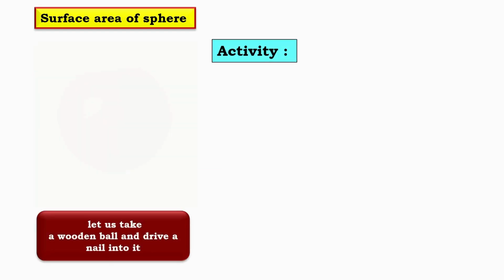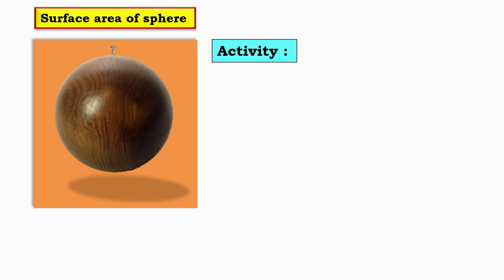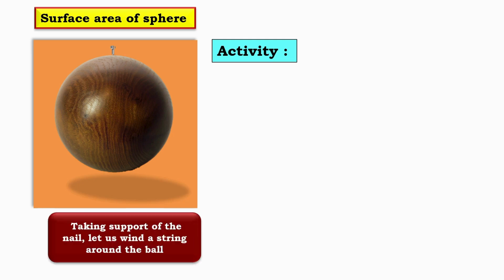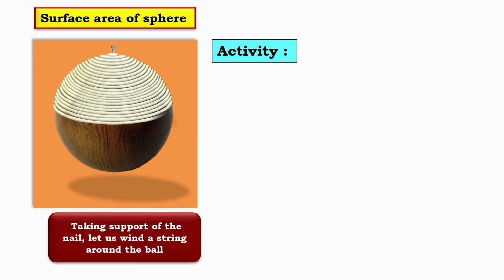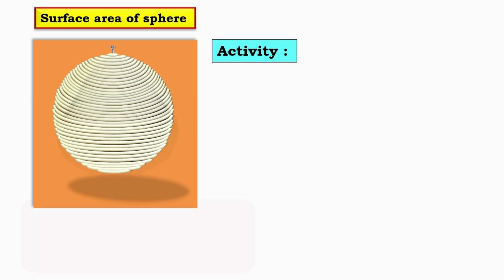Now let us see the activity. So let us take a wooden ball and drive a nail into it. Okay, let us do that. Now taking support of the nail, let us wind a string around the ball. So let us put some string on it. Okay.